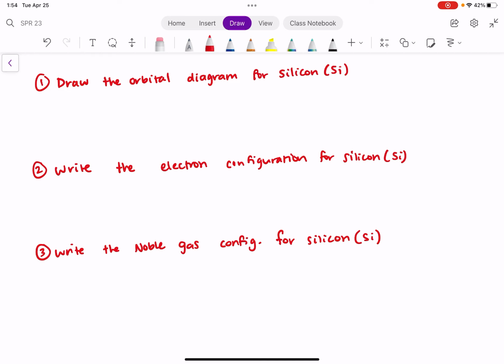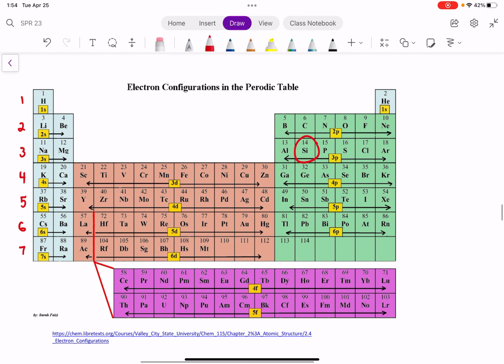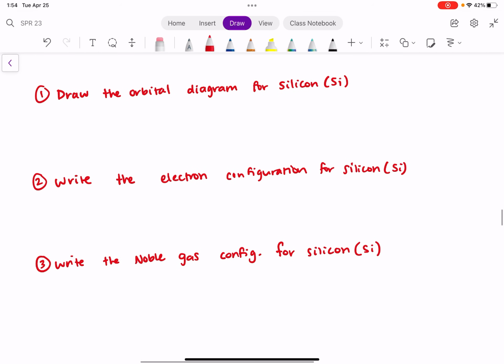Okay, so for silicon, what is silicon's atomic number? Yeah, 14. So let's make a note. Atomic number 14, which means it has how many electrons? Yeah, 14. Okay, so this is going to be a little bit longer than the other ones we've done, but we can do it. So what's the first sublevel?